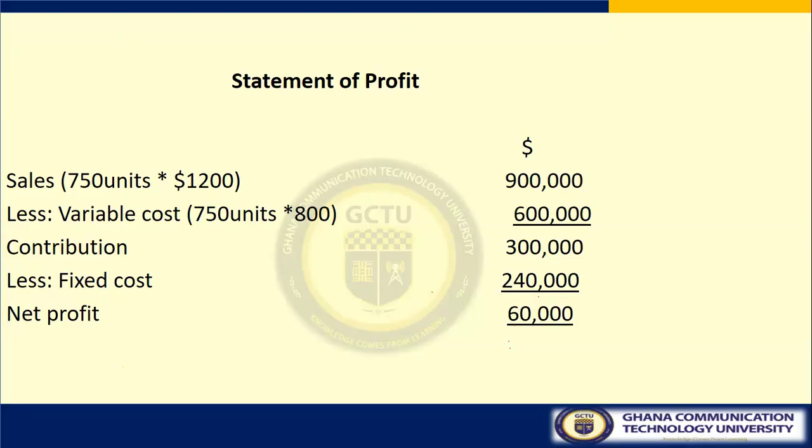Then less your fixed cost, from the question 240,000, so our net profit is 60,000. So this is the statement of profit according to the question: our sales less variable cost, you get your contribution, less fixed cost, you get your net profit.